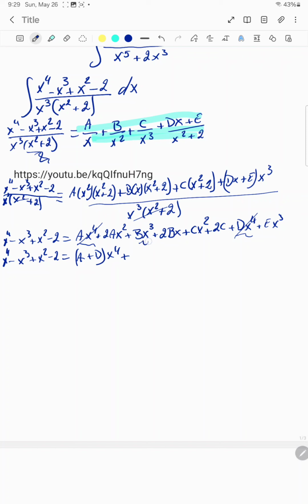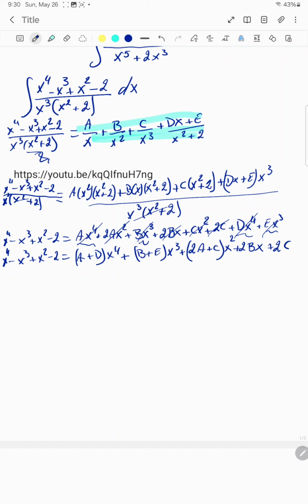Here I have b and e with x to the power of 3, so it becomes b plus e times x to the power of 3. And I want to factor out the power of 2. I have 2a with x to the power of 2, plus c, so it becomes 2a plus c times x to the power of 2. For x, I only have 2bx. And without x, I only have 2c.